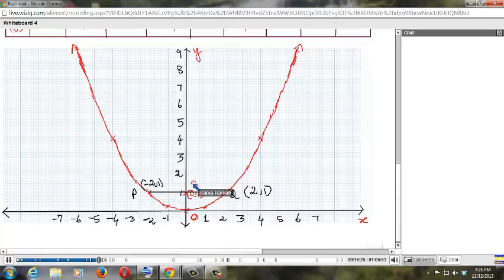So now we've got the fixed point, which is the focus, and the ends of the latus rectum. Then the axis of this parabola is nothing but the y-axis. So the equation of the y-axis is x is equal to 0.